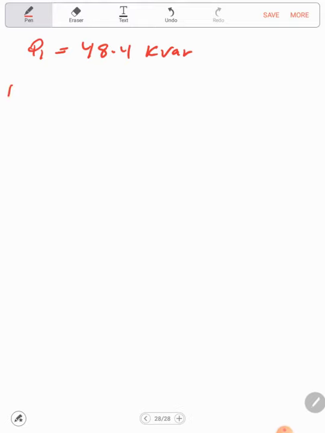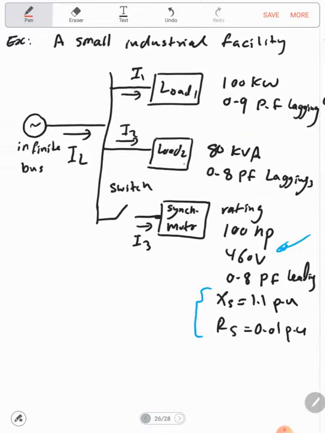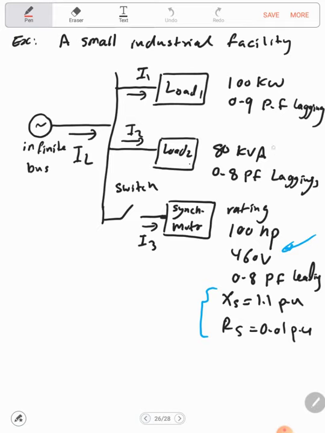Now for the second load, what's given? The apparent power is given. So this is the S, and this is the P here.